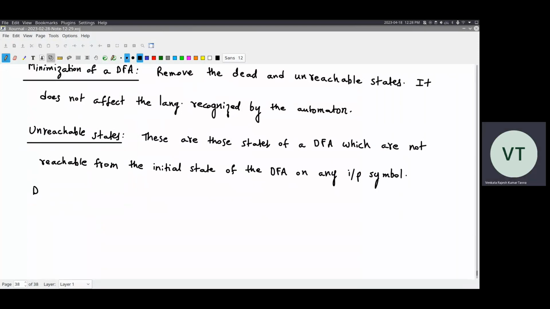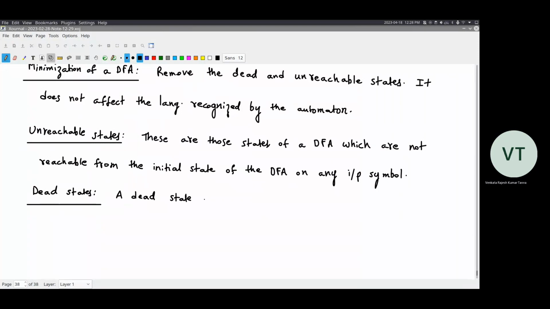Okay. Then dead states. A dead state is that non-final state. You see, this is also an important condition.